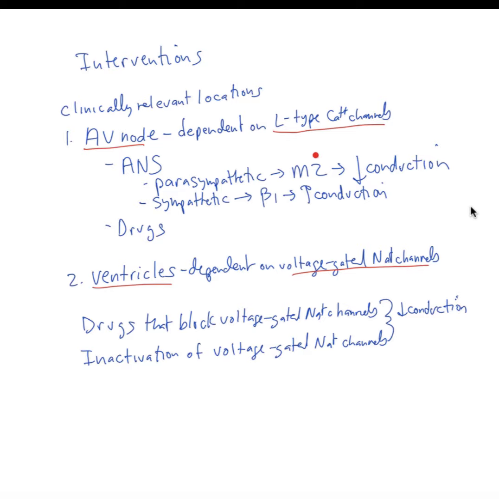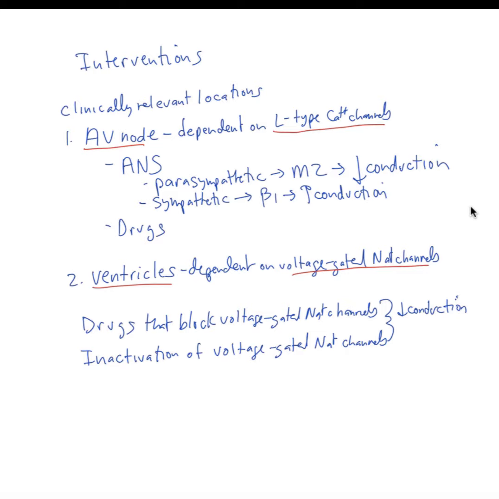As a refresher, the M2 receptor is coupled to Gi. It decreases cyclic AMP, and that ultimately has an effect to decrease protein kinase A and consequently conduction velocity. The sympathetic nervous system utilizes beta 1s, which are coupled to Gs. They increase cyclic AMP.